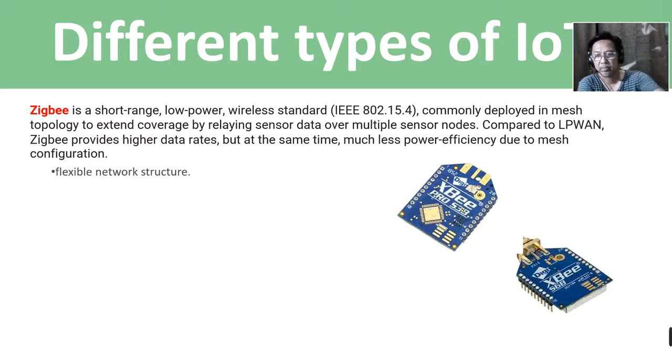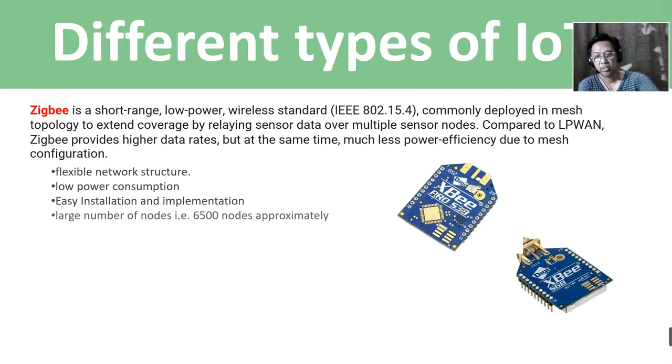So it's a flexible network structure because you can just expand it however you want. You can just add more Zigbee. Low power consumption, and then easy installation and implementation. Large number of nodes. You can go up to 6,500 nodes, more or less.